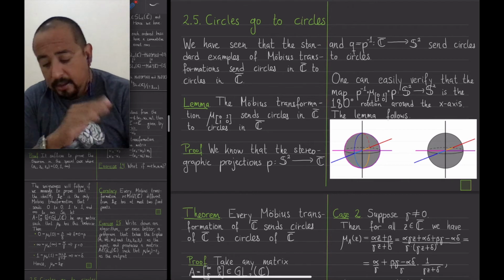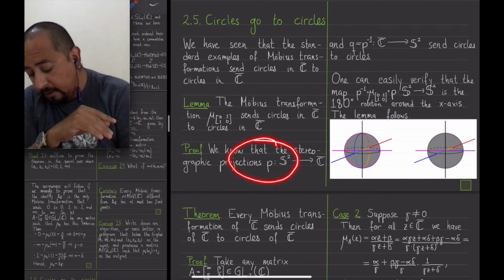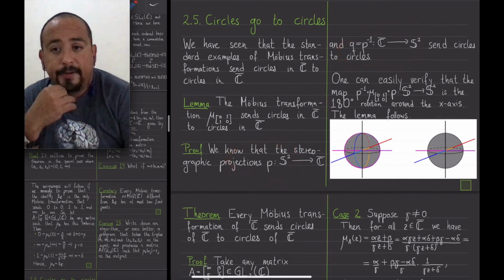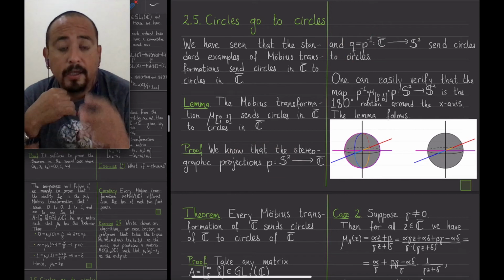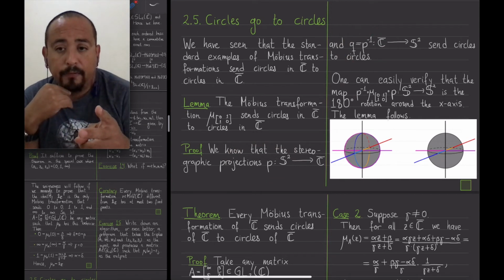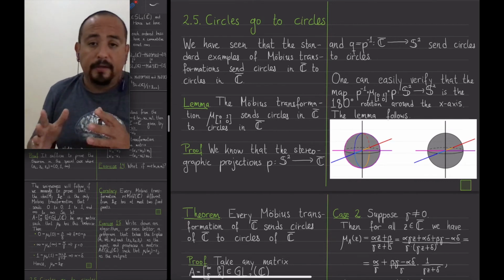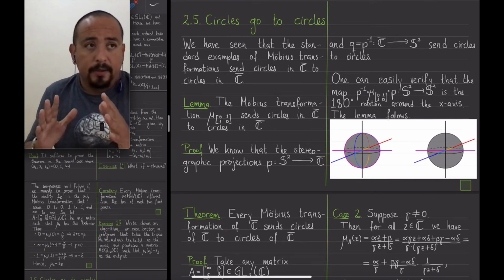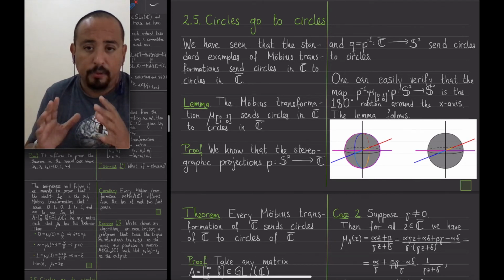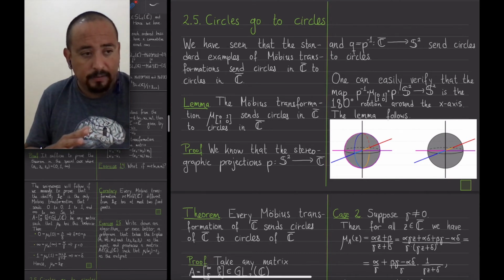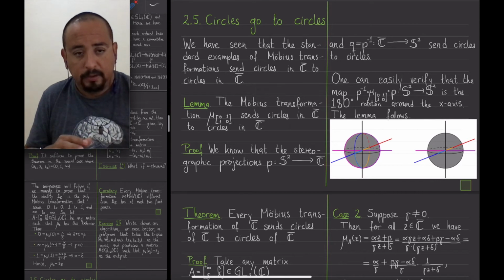Recall that the way we proved that the stereographic projections send circles to circles was performed in two steps, in two cases. In the first case, we covered the circles on the sphere that pass through the North Pole, the projecting point, and the circles in C bar of the form straight line union infinity.